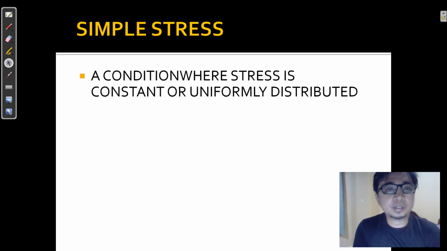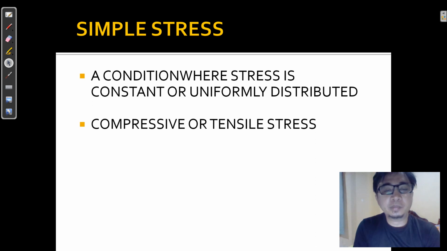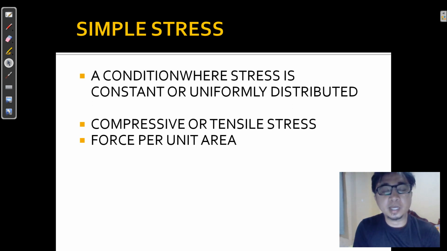So for the first topic, this is a condition where stress is constant or uniformly distributed. So it could either be compressive or tensile stress. So do not make it that complicated, because the title itself is simple stress. So it is actually the force per unit area. In strength of materials, this expression is termed as unit load.